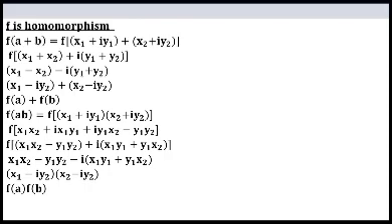That is x1 x2 minus y1 y2 minus i into x1 y2 plus y1 x2, that is x1 minus i y1 into x2 minus i y2, that is f of a into f of b. Therefore, f is a homomorphism.